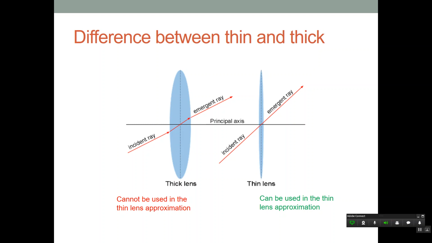However, in a thin lens, and this is what the thin lens approximation is, light rays will refract right through it, right? It doesn't have enough time to correct itself on the inside. It just bends it and that's it, right? So here it bends it, and it bends it again. Here it just bends it once. Any questions on that?